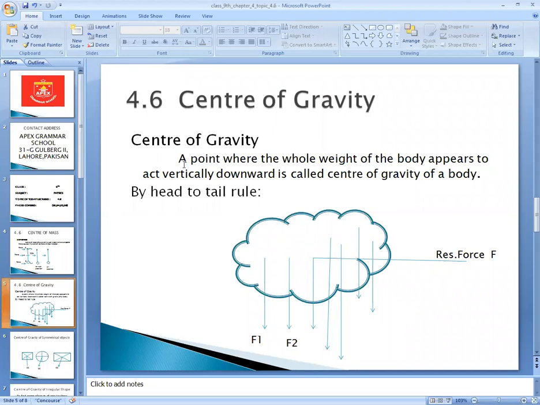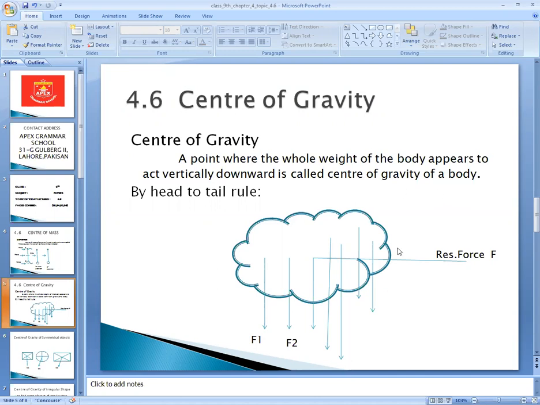A point where the whole weight of the body appears to act vertically downward is called the center of gravity of a body. So center of mass is a point where the force of gravity is acting.